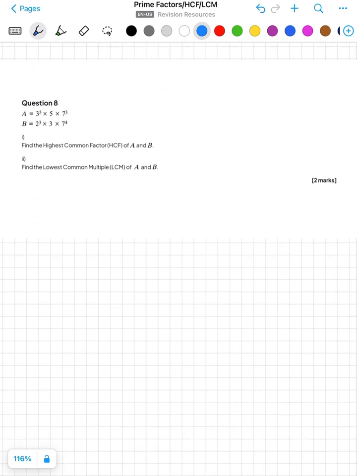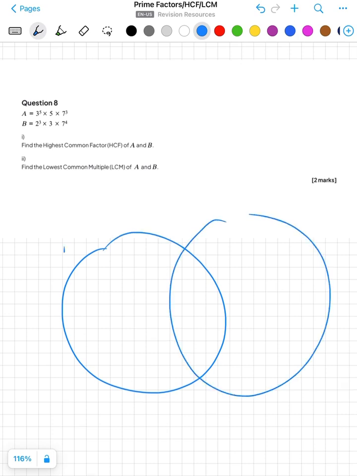One final question is where we're not actually given the values, but we are given them in index notation. So we can still use our Venn diagram method, where one circle represents A and the other represents B. In the overlap we put anything that they have in common. So both A and B have at least one 3.